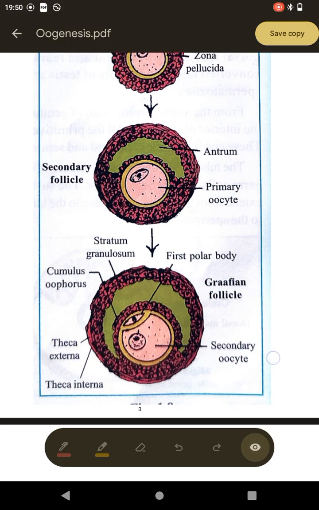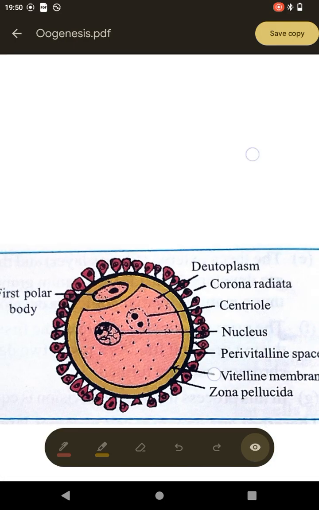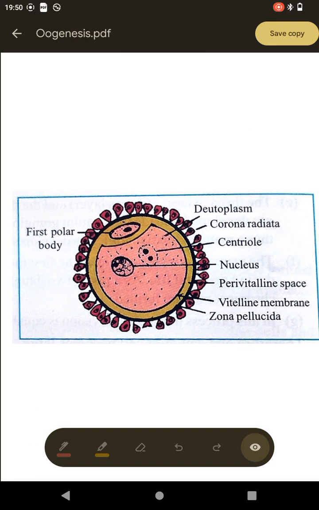Now we will see the next schematic diagram. This is the ovulated secondary oocyte. See, what is this? This is the first polar body, and this is the secondary oocyte.